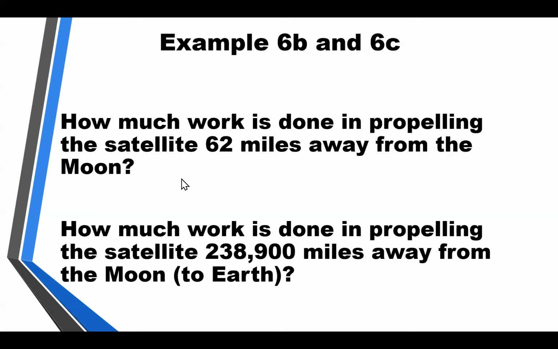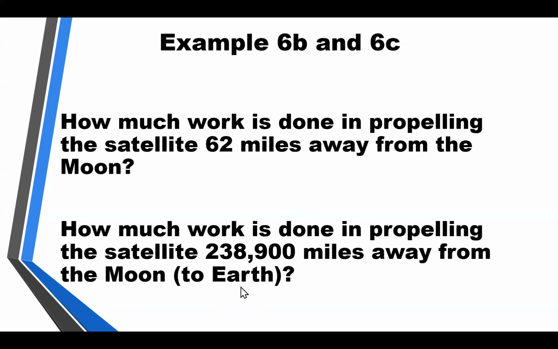So let's calculate how much work is done in propelling the satellite that is on the moon 62 miles away from the moon. And then let's calculate how much work is done in propelling the satellite 238,900 miles away from the moon.